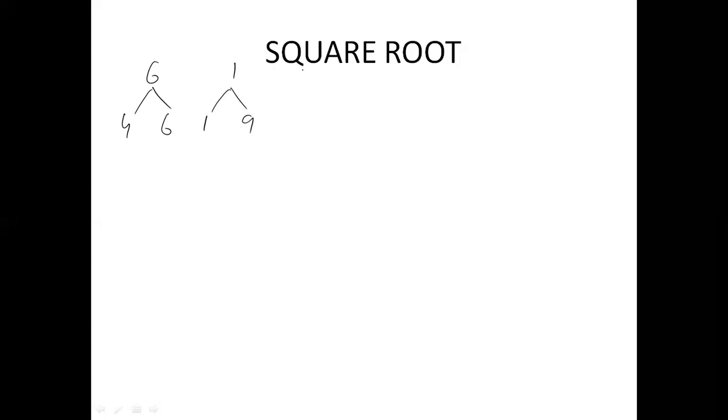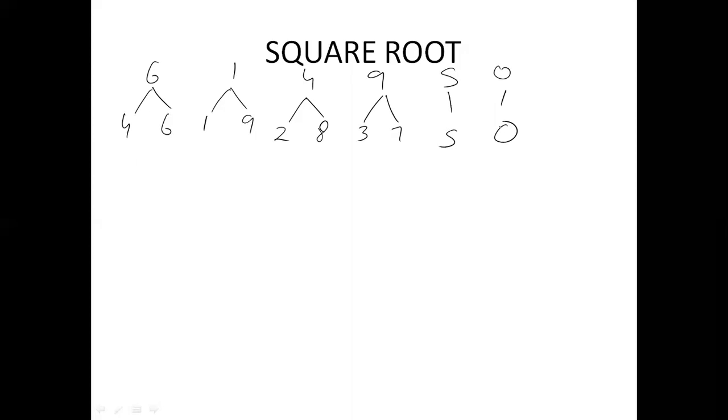If ending with 4, either 2 or 8. If ending with 9, either 3 or 7. If ending with 5, replace with 5. If ending with 0, replace with 0. You won't get any other numbers in a square root because it is not possible.